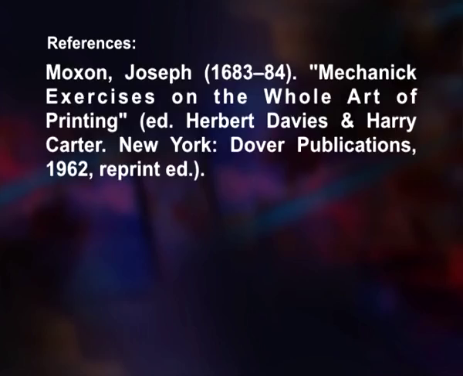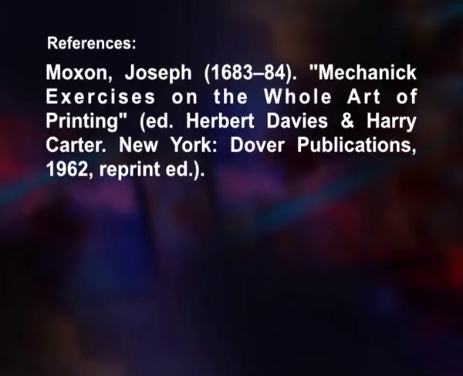There are two classical reference books on printing. The one was produced in 1683-84. It was produced by Joseph Moxon. The book was titled Mechanick Exercises on the Old Art of Printing. The co-editors were Herbert Davies and Harry Carter.